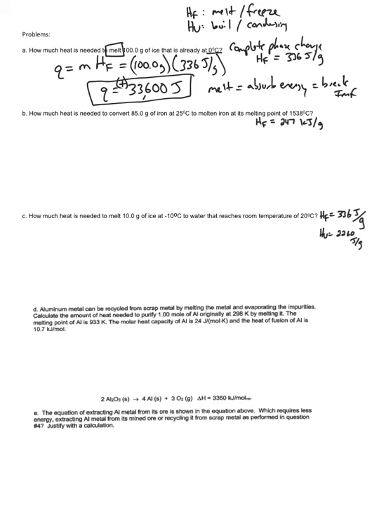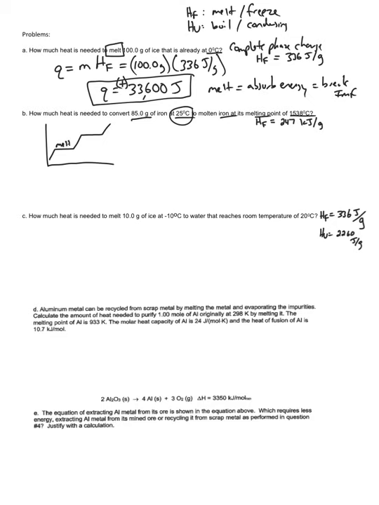How much heat is needed to convert 85 grams of iron at 25 degrees to molten iron at its melting point? That's very important because if I think of a temperature-time graph, I'm starting off at a temperature that's below the melting point.